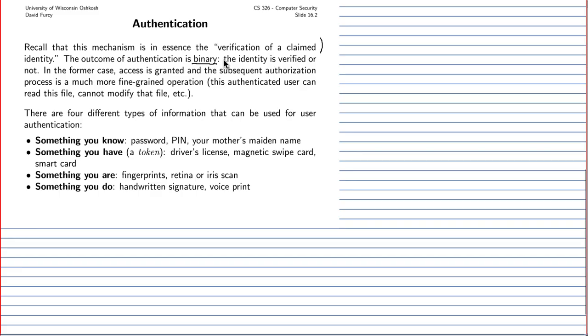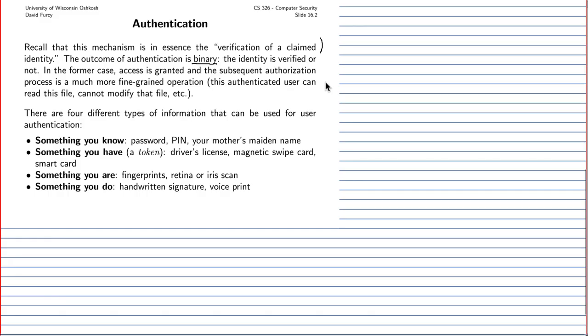I said the person, but the user in general could be a process rather than a person. In the case that the identity is verified, and so the user is authenticated, then the next step kicks in, which is the authorization. Is that person allowed to come in through the door, or are they allowed to access this file or that file, and under what conditions, to do what operations on it, and so on and so forth.